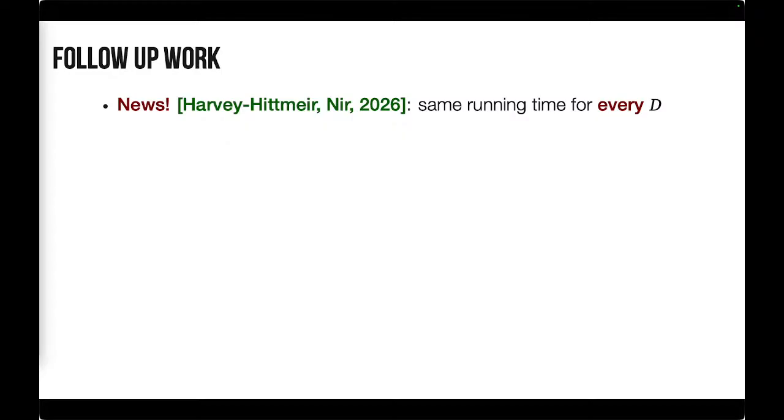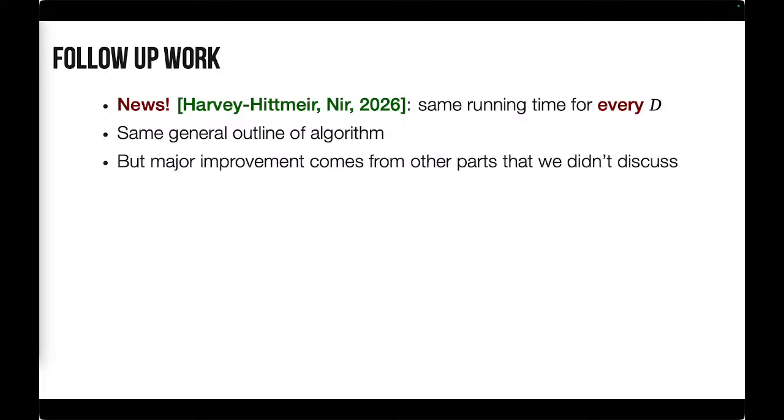We don't have uses yet for elements of very small order, but it's still a good thing to know that we can also find those pretty quickly. It's the same general outline that we did, which is also the same general outline of Hittmeir's original algorithm. But the big improvements come from areas that I didn't discuss, related to problems of finding factors in residue classes. So you can just read those papers.